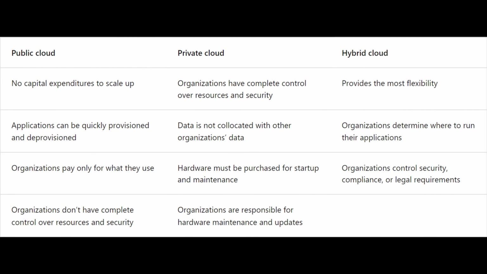Scaling means increasing your resources, processor-wise, memory-wise, or storage-wise. So applications can be quickly provisioned and deprovisioned. It means you can quickly acquire any application, resource, or tool, and you can also quickly release it to save your cost.